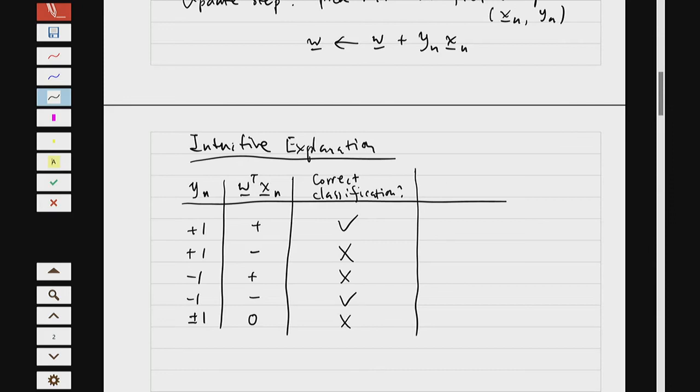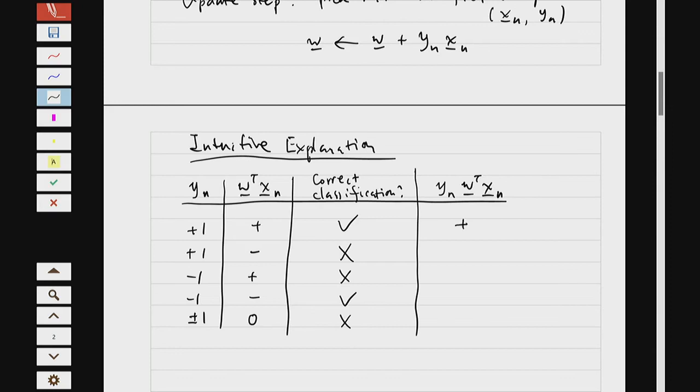But if you look at the product between the first two columns, the inner product is a scalar, and then you multiply by yn, another scalar, you get a scalar. If they have the same signs, then the product will be positive. If they have different signs, the product will be negative.